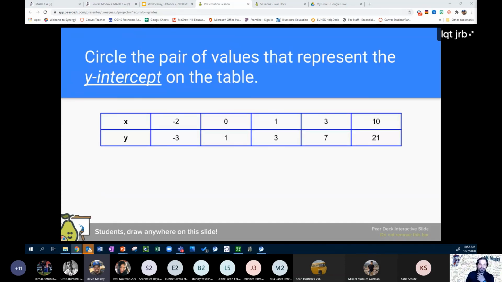So circle the pair of values that represent the y-intercept on the table. Encierren en un círculo el par de valores que representan la intercepción Y en la tabla.